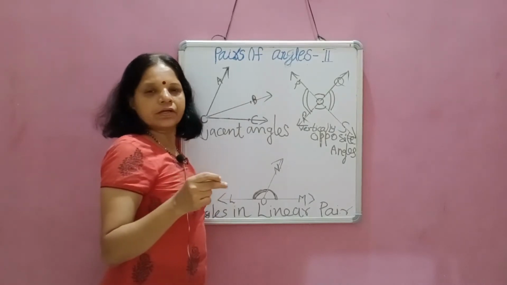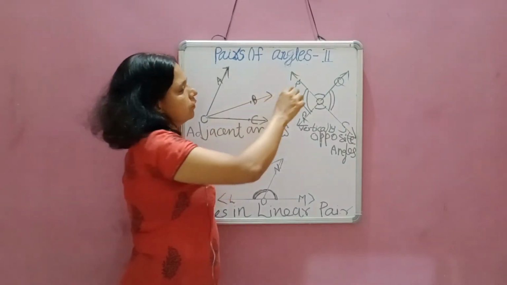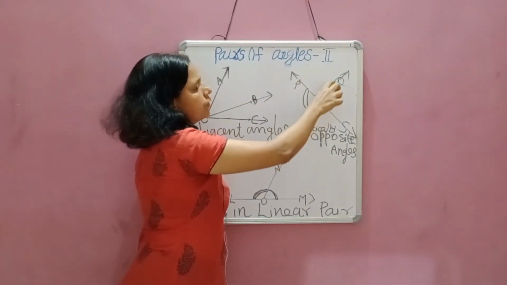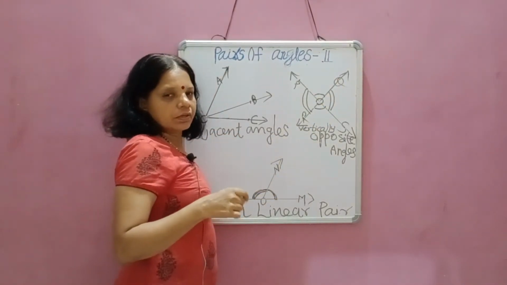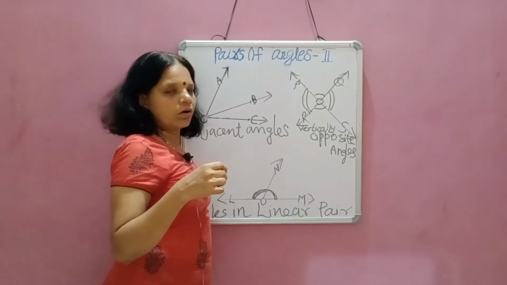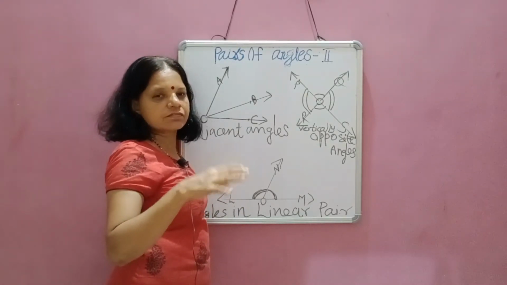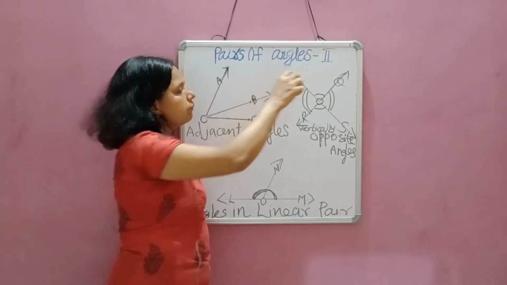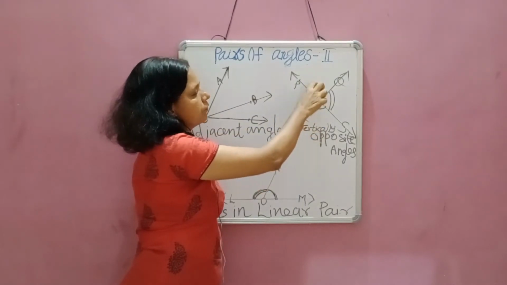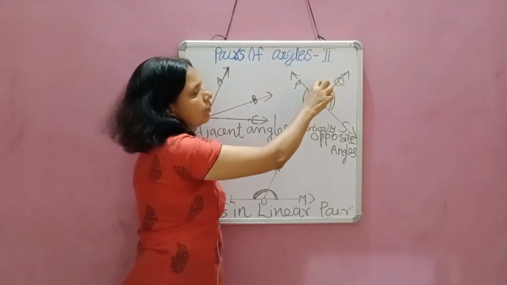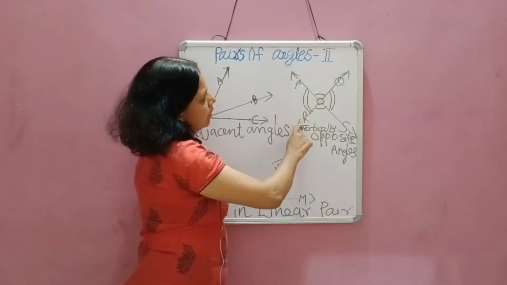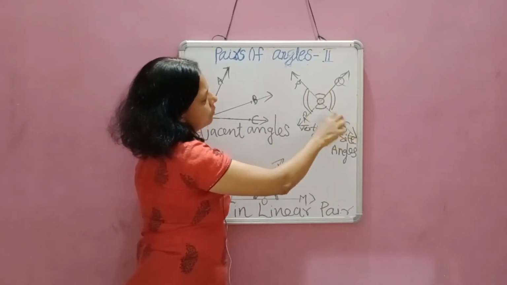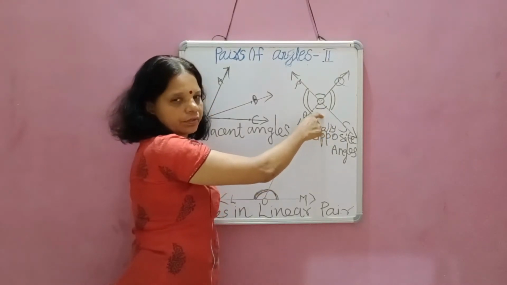Now comes their measures. The vertically opposite angles are congruent. In the previous class, I told you the meaning of congruent. They are exactly equal. Their measures will be equal. Suppose angle POQ is 40 degrees, then angle ROS also will be 40 degrees.